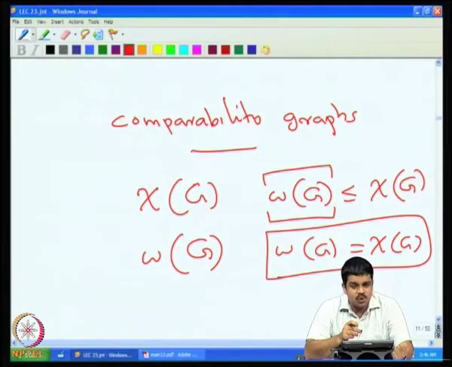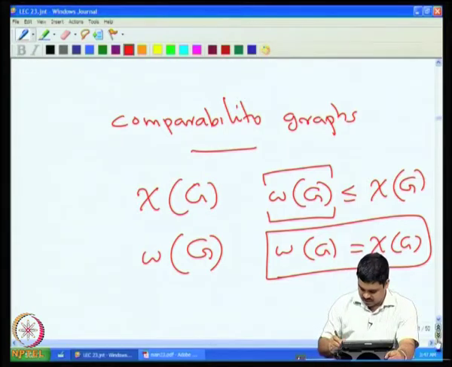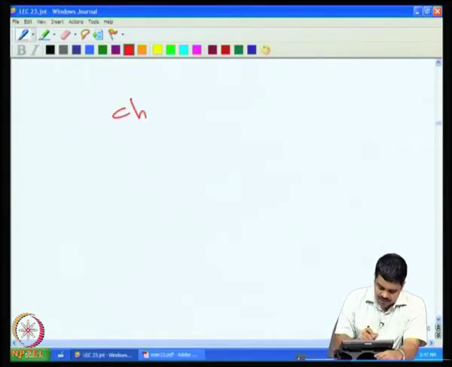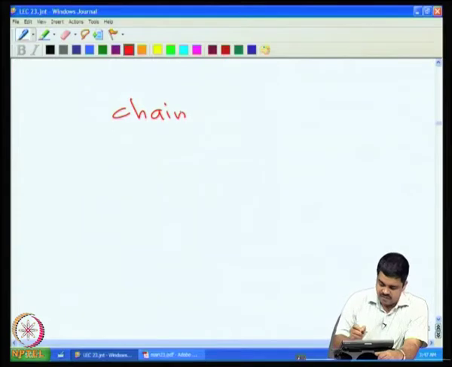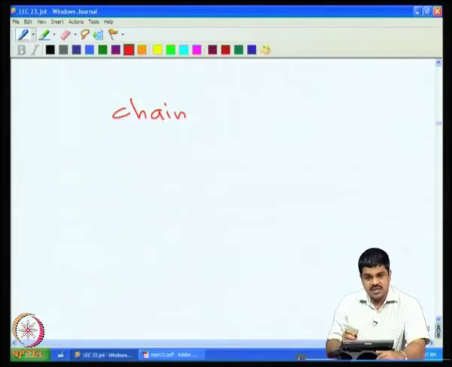A totally ordered subset of a partially ordered set is said to be a chain. It is a chain of the partial order. We have seen it when we studied Dilworth's theorem a long time ago. When we studied the Gallai-Milgram theorem, we saw how Dilworth's theorem about partially ordered sets follows from the Gallai-Milgram theorem, right.